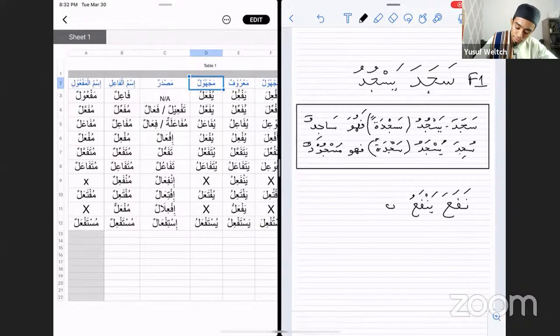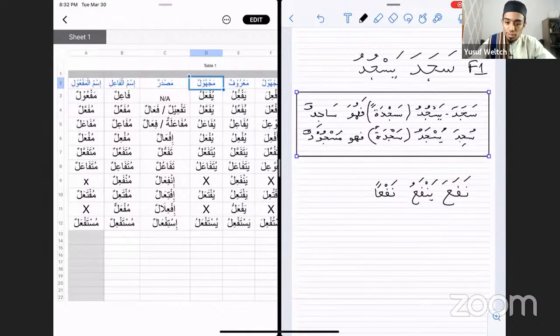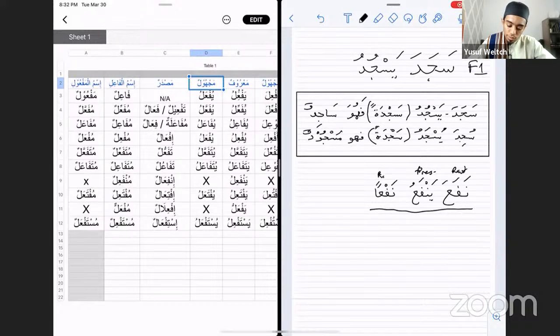And the masdar is naf'an. Okay, who would like to do this? Right, so you're going to do the same thing that's in the box, the same pattern in the box, but with these words. This is your past. This is your present. And this is your root noun. Anyone I volunteer? Okay, go ahead.